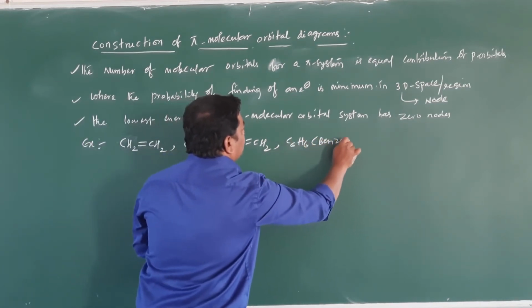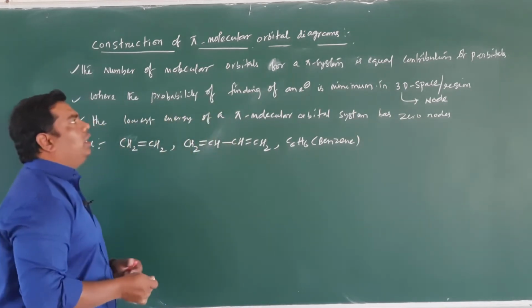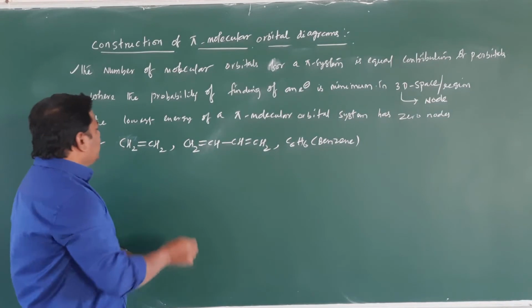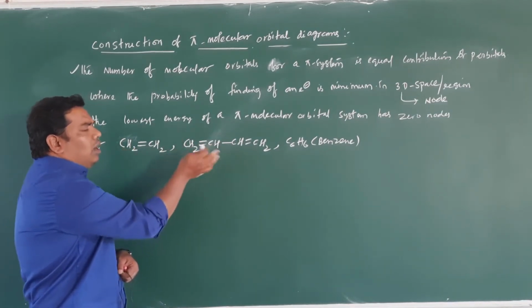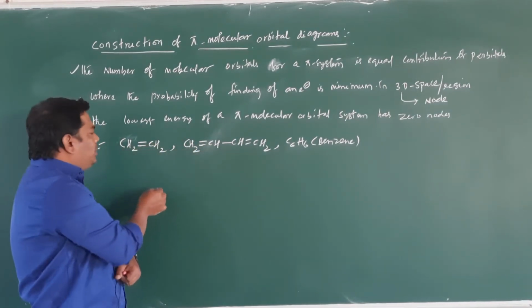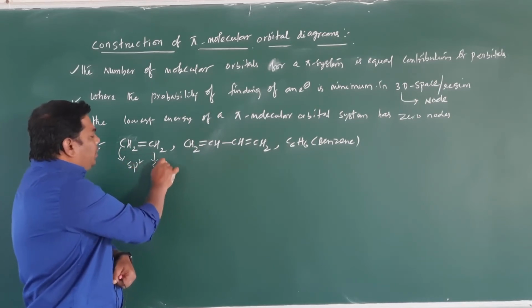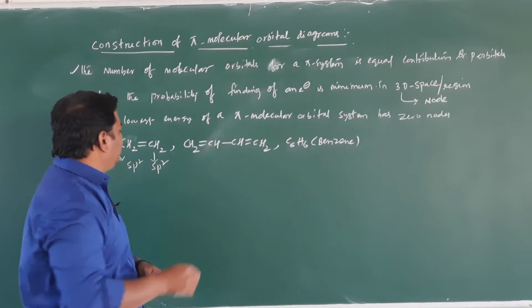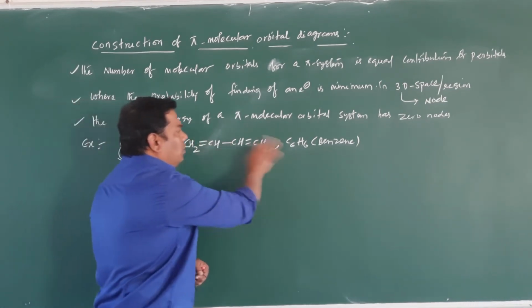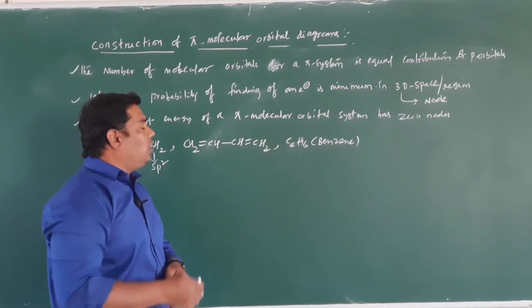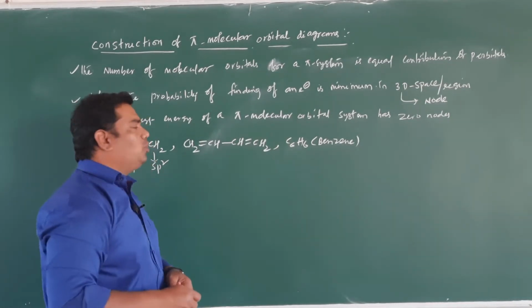We will discuss these molecules in the construction of a molecular orbital diagram. In all these molecules, carbon has a double bond, so each carbon atom exists as an sp2 hybridized carbon atom. So how is sp2 hybridized carbon formed?